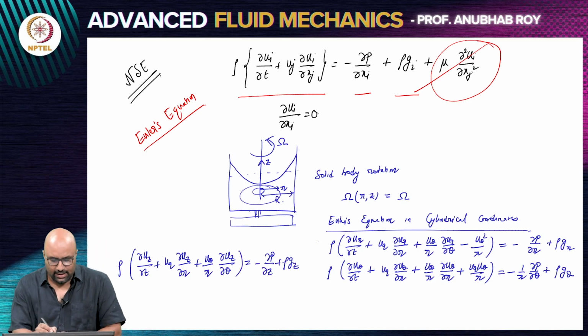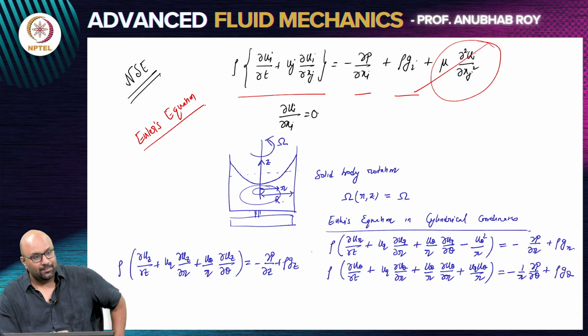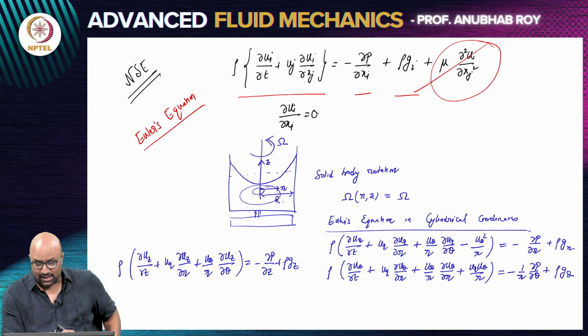And we will consider the density to be constant. So, I am basically assuming this to be constant density. Obviously, incompressibility is anyway there, and we are dealing with Euler's equation.